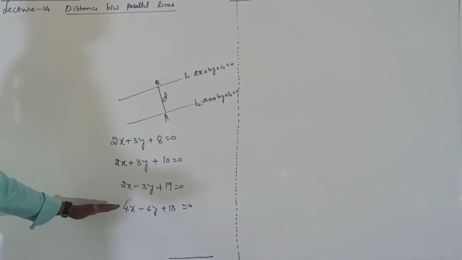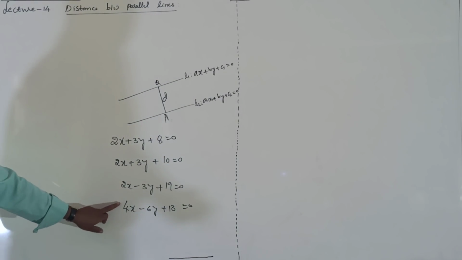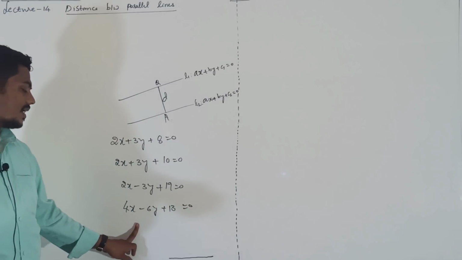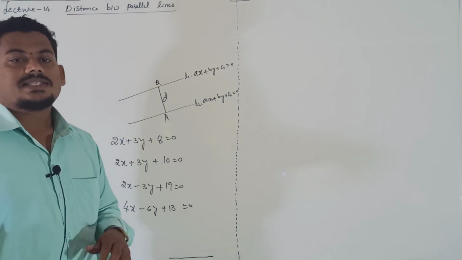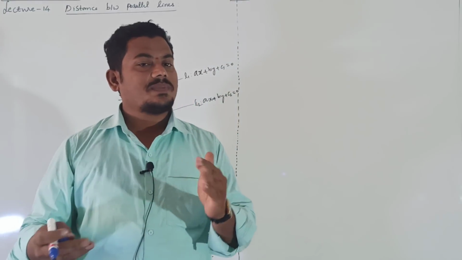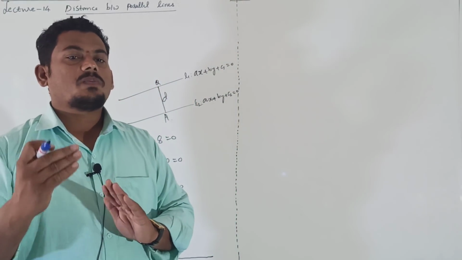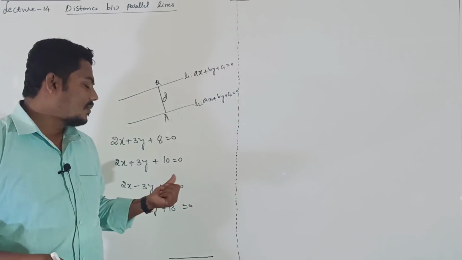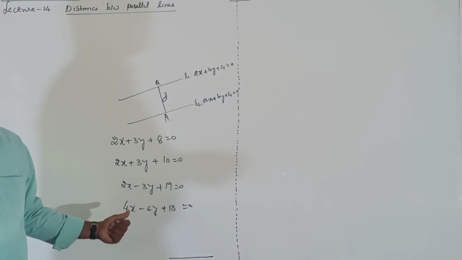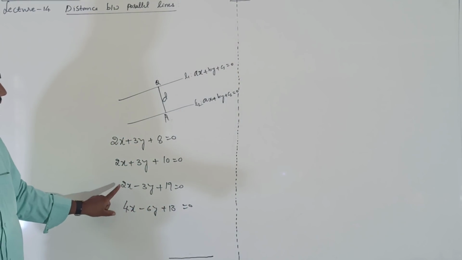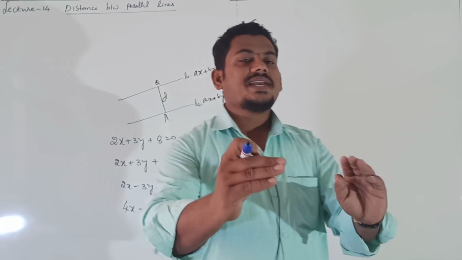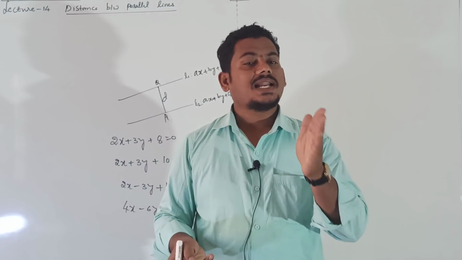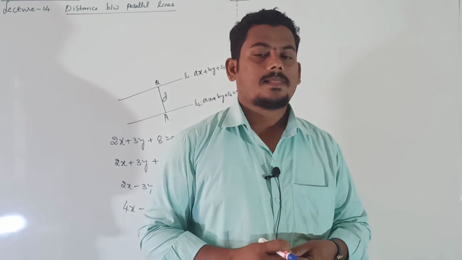These two lines are also parallel. If you divide equation number 2 by 2, then you get corresponding coefficients equal. Sometimes they are equal, sometimes they are proportional. Proportional means they are multiples of the coefficients of x and y. Parallel means corresponding coefficients of x and y are equal or proportional, right?